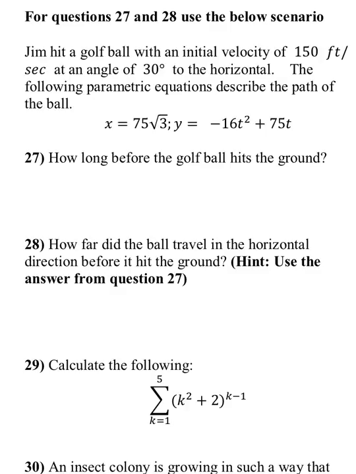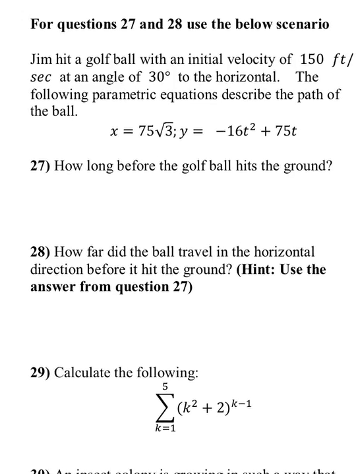All right, so for the scenario, however, we have a mistake in the equation, so I'm going to fix that first. This should say x equals 75 root 3 t. We didn't have our parameter in there.